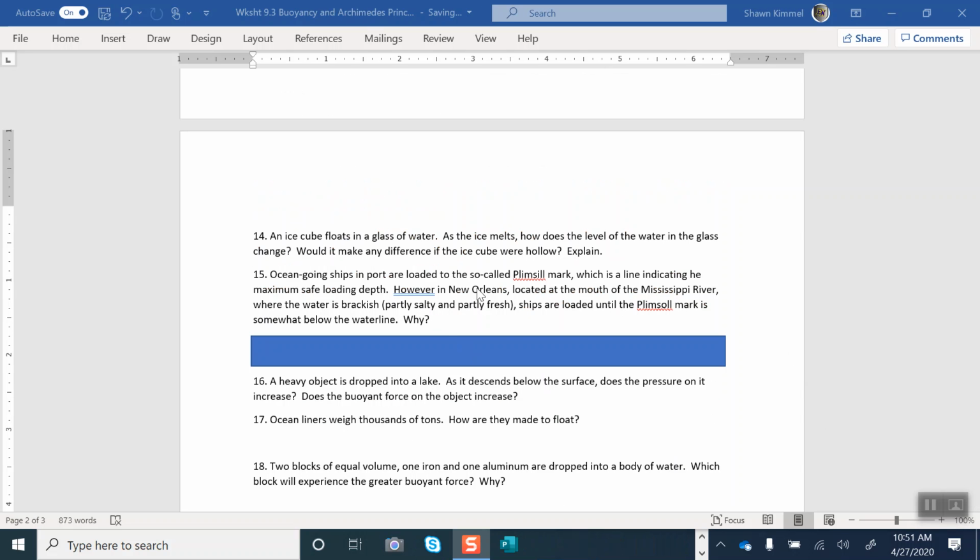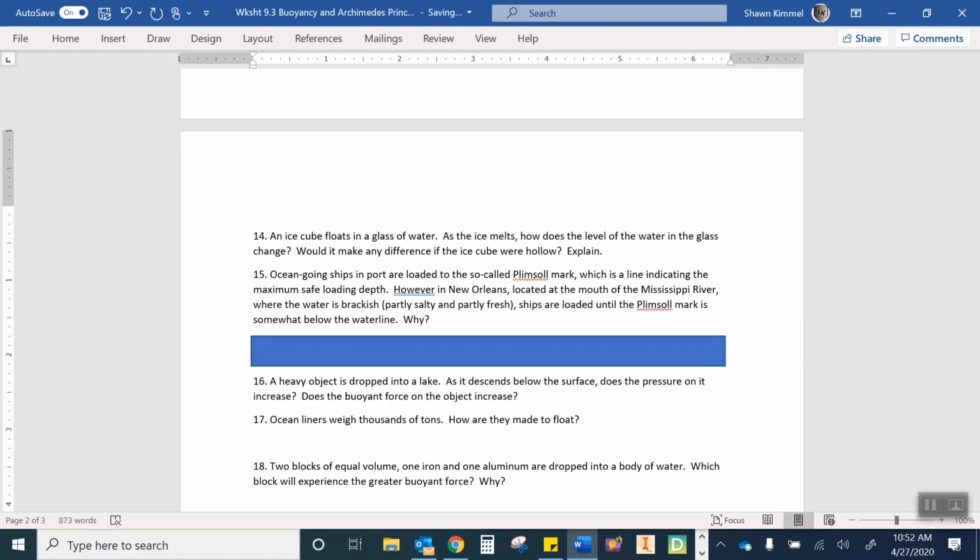Okay, ocean-going ships in port are loaded to what's called the Plimsoll mark, a line indicating the maximum safe loading depth. However, in New Orleans, located at the mouth of the Mississippi River, where the water is brackish, which means it's partly salty and partly fresh, ships are loaded until the Plimsoll mark is somewhat below the waterline.